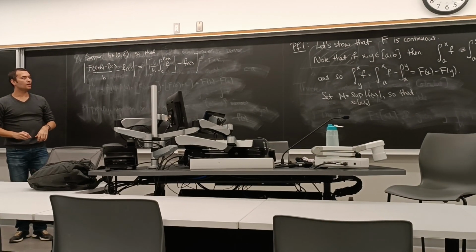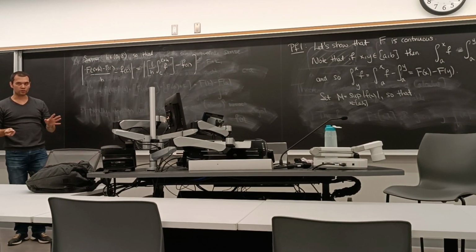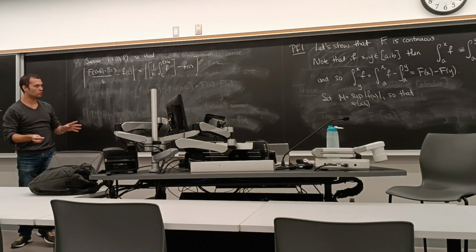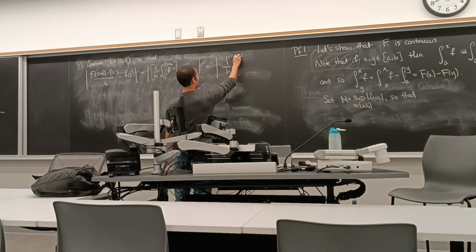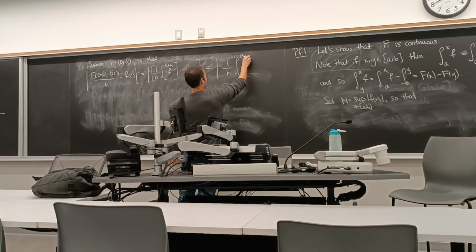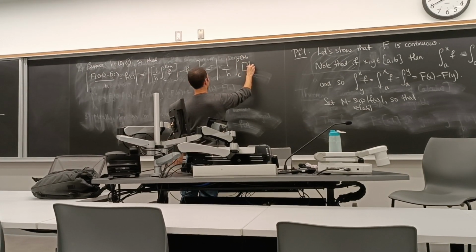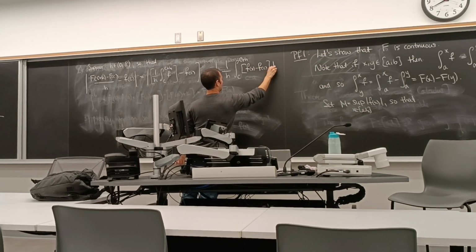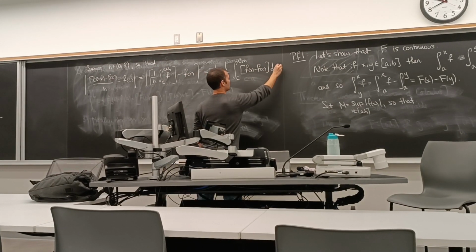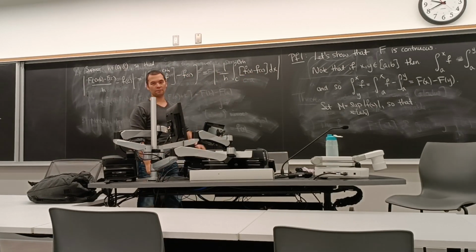Now, here's a little bit of magic, but it's not too much magic. Okay, so I switched notation back to using dx, and I've somehow put the f of c inside.